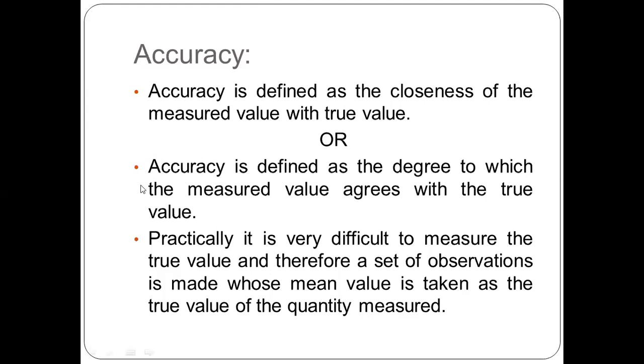But practically it is very difficult to measure the true value, and therefore a set of observations is made whose mean value is taken as the true value of the quantity measured. So we always take a mean value for the quantity to be measured.